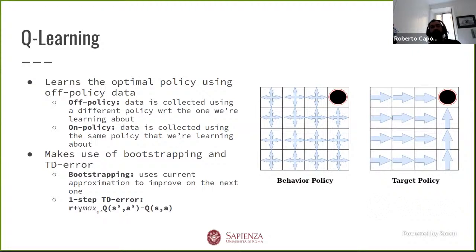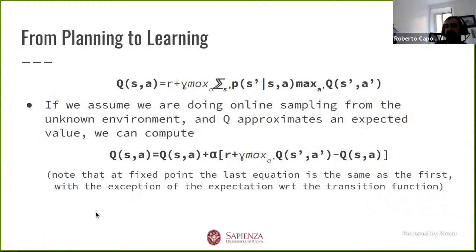Now, why is the Q-learning algorithm off-policy? Because, as I said, we're learning about the optimal policy. And why are we learning about the optimal policy? Because, as you see here, we're selecting the action that leads to the maximum value in the state S prime.